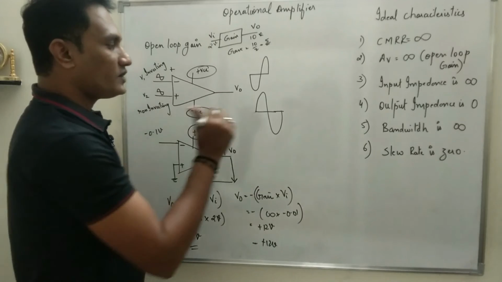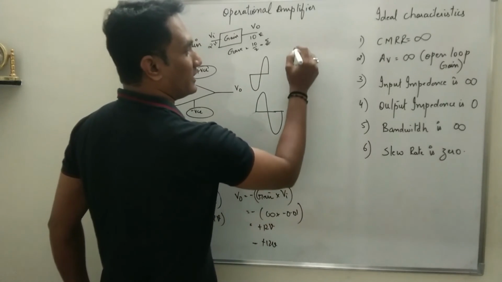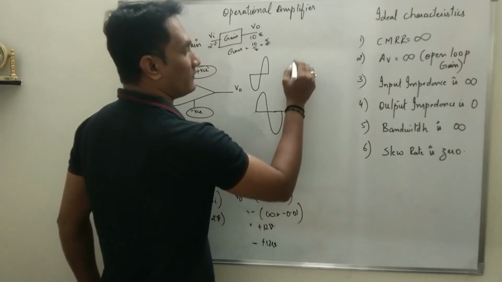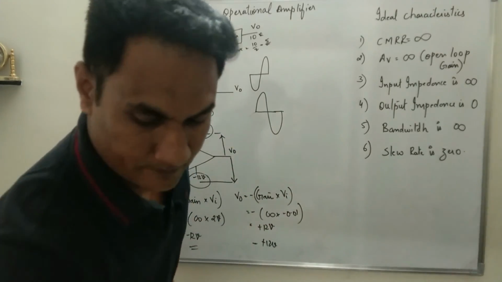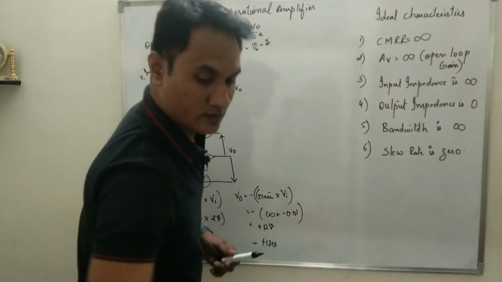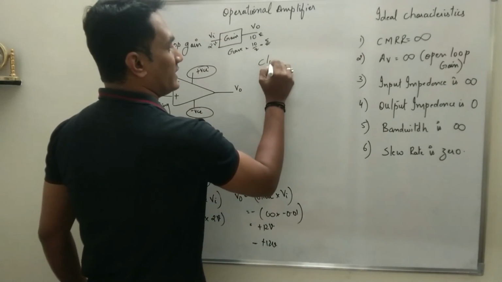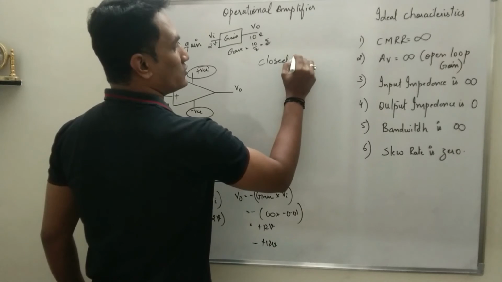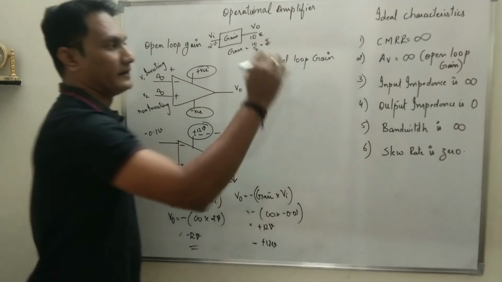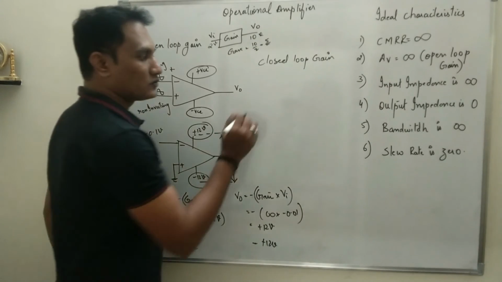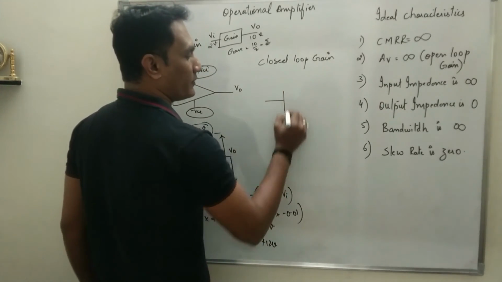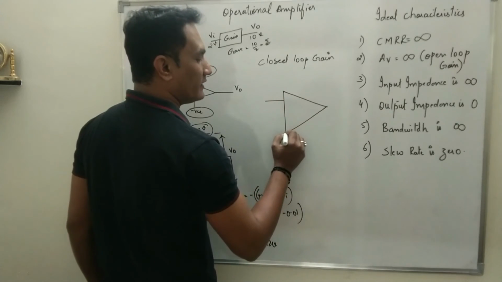Okay, so there we come across this next part, which is called closed loop gain. In closed loop gain, we will connect the operational amplifier in an inverting mode.